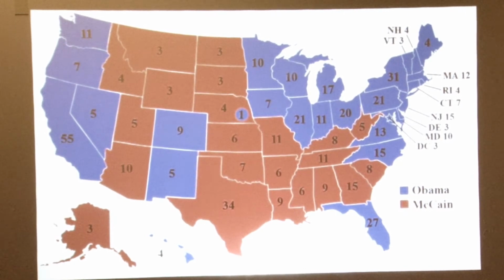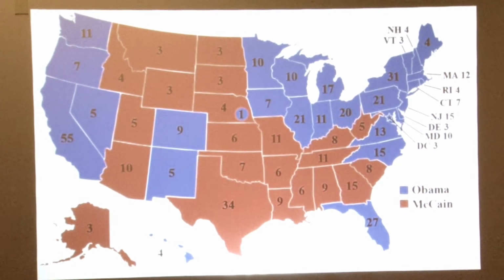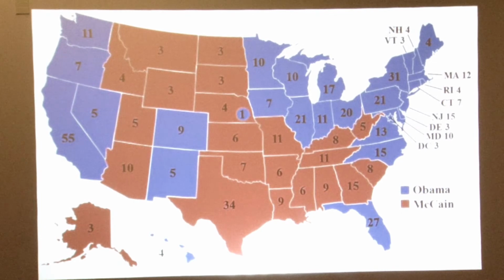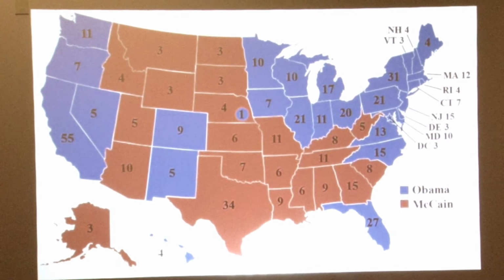Whichever candidate gets the most popular votes in a state gets all the electoral votes in that state. I will repeat that. Whichever candidate gets the most votes in a state gets all the electoral votes in that state.